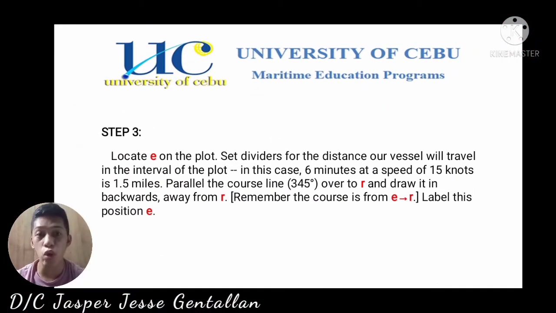Step number 3 is to locate E on the plot, which is the reference of our ship. Set dividers for the distance our vessel will travel in the interval of the plot. In this case, we have 6 minutes at a speed of 15 knots, which is 1.5 miles.